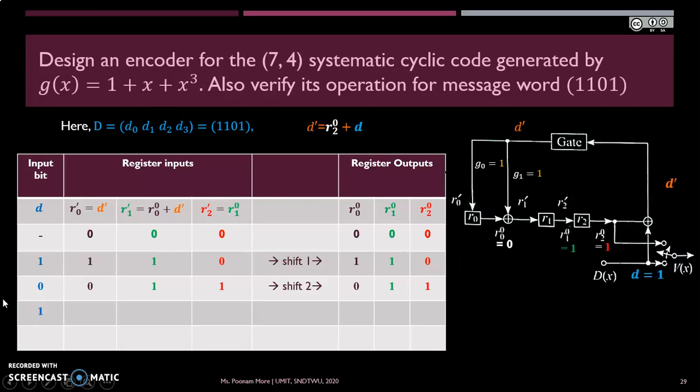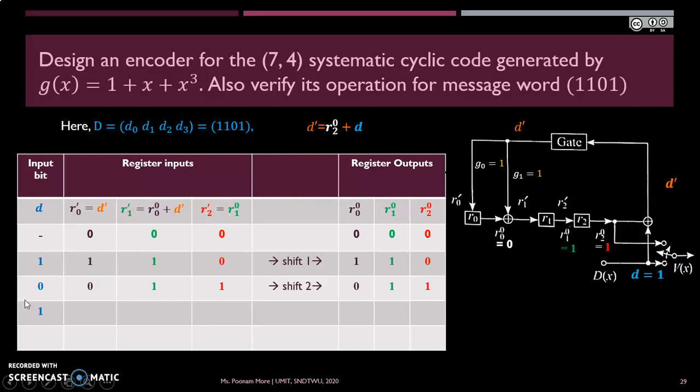As here the third bit we have entered is 1, can you tell me what will be the value of D dash over here? Just pause this video for let's say 5 minutes and think what will be the value of D dash, and then come back to this video again and resume.